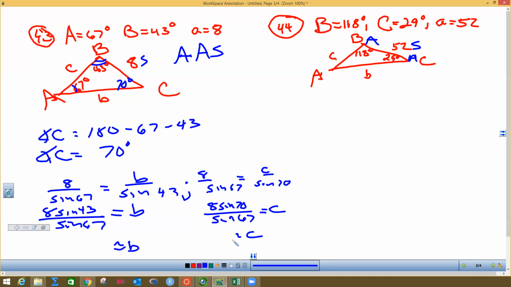Somebody else tell me what C is to 3 decimals, please. You have to actually push buttons on your calculator to get it to tell you. I got 5.927. 5.927. What did you get for C? Anybody got C yet?